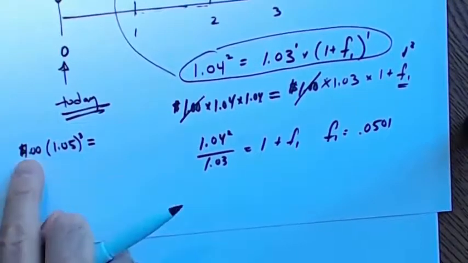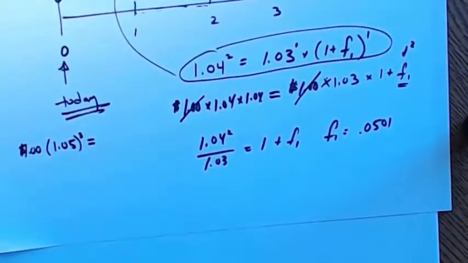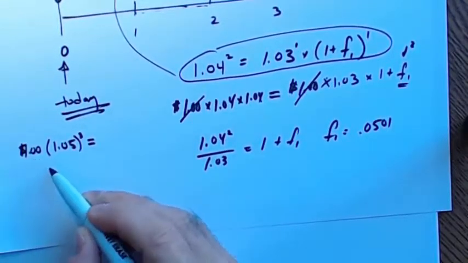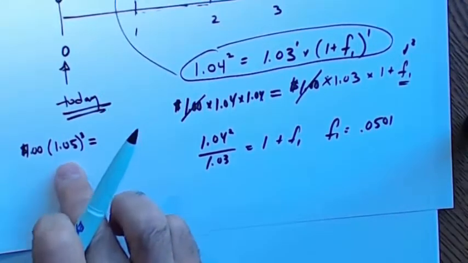You're indifferent between this return, so this is your money compounding at 5% for 3 years, and that comes out, that's easily calculated, 1.05 to the third power. That means if you invest $1 at 5% for 3 years, you'll end up with almost $1.16 right here.